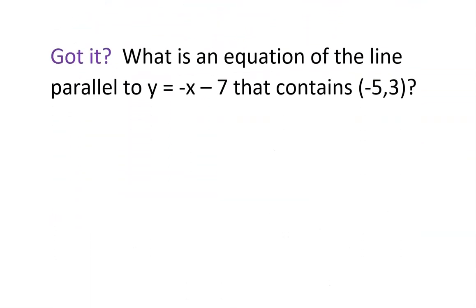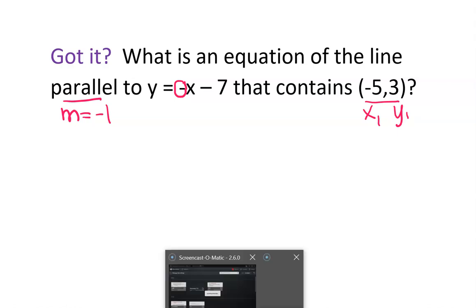Go ahead and pause the video here and practice the next one, and then you can go back and check to make sure that you are correct. So again, parallel means the slopes are the same. So my slope is actually here. There's no number, but there is an understood 1, and my point needs to be negative 5, 3. Negative 5 is x, 3 is y.